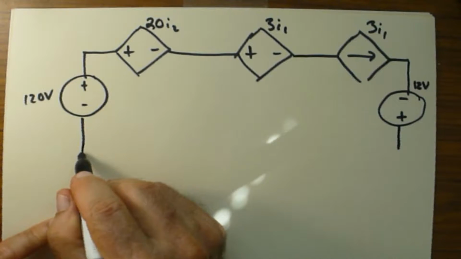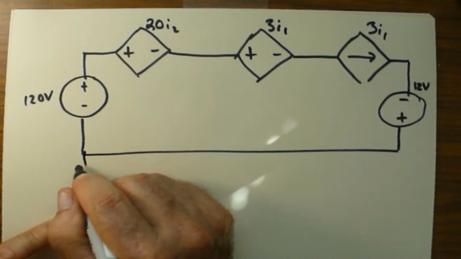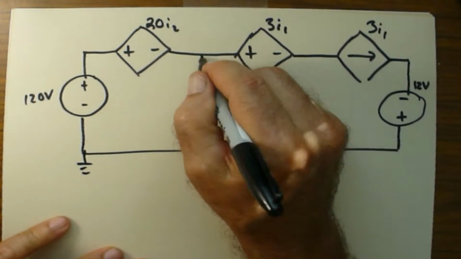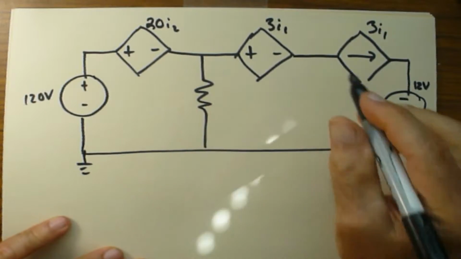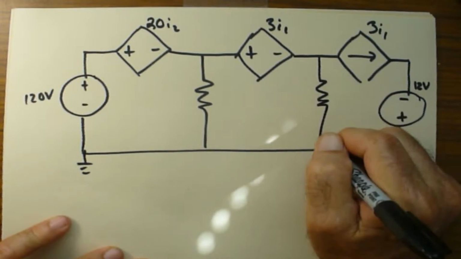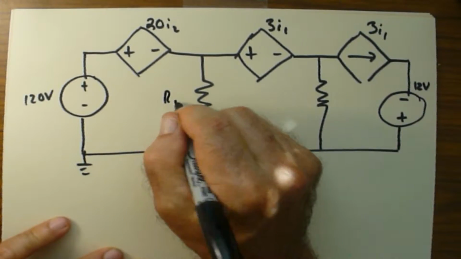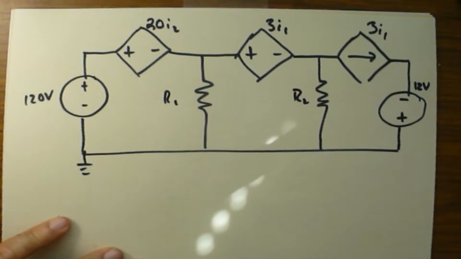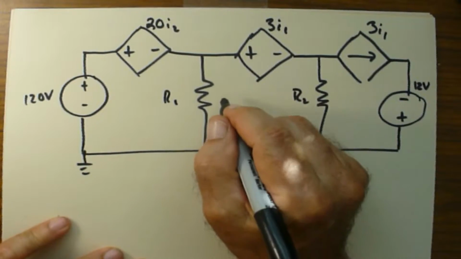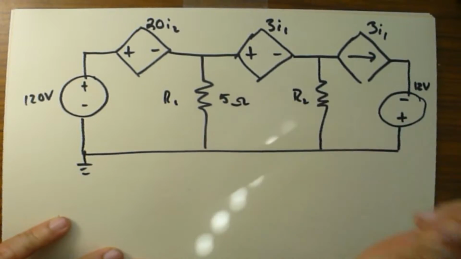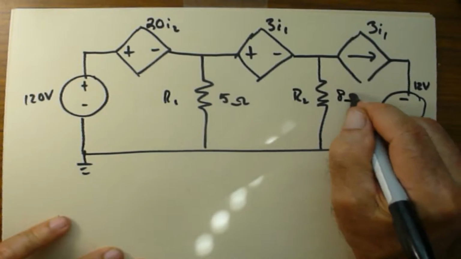Then we have our ground here, and a resistor here and another resistor here. Call this R1, R2. R1 is 5 ohms, R2 is 8 ohms.